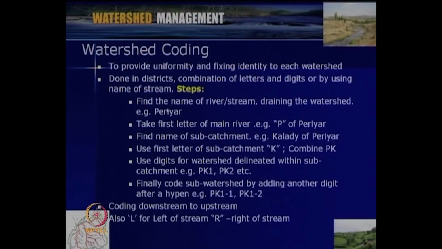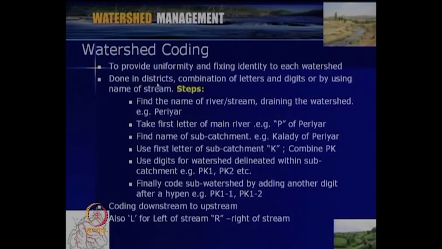For a country like India, while going for watershed management, if we can identify the particular watershed, that will be very good, since we can get various data or details from various sources for the given watershed. That process is called watershed coding.